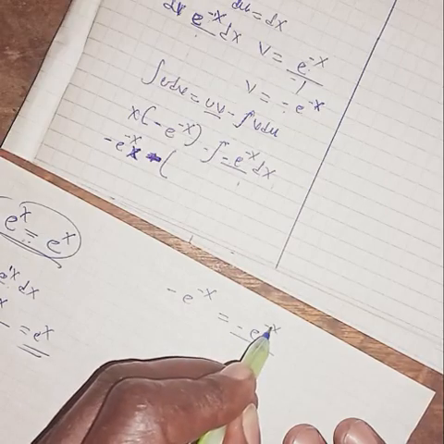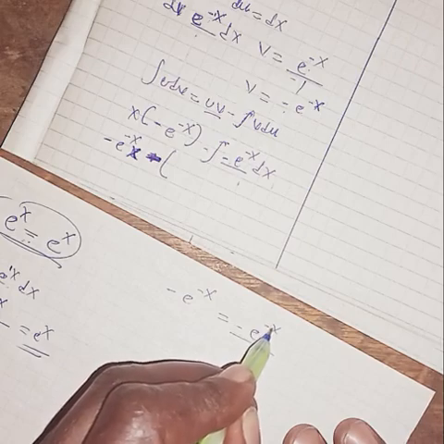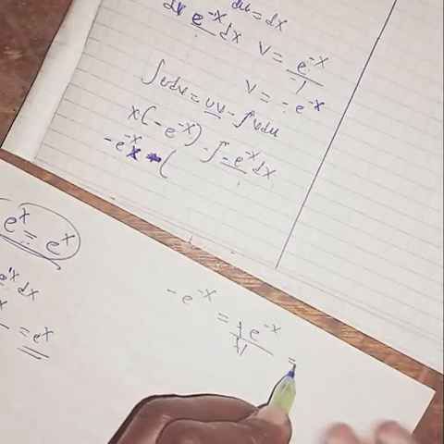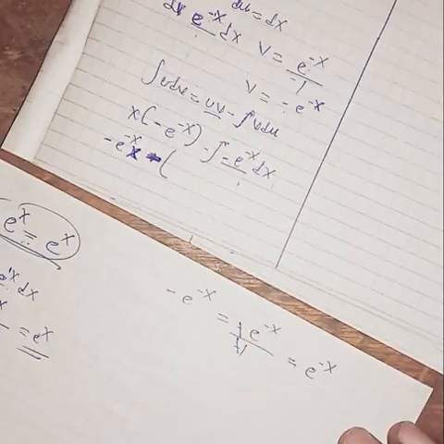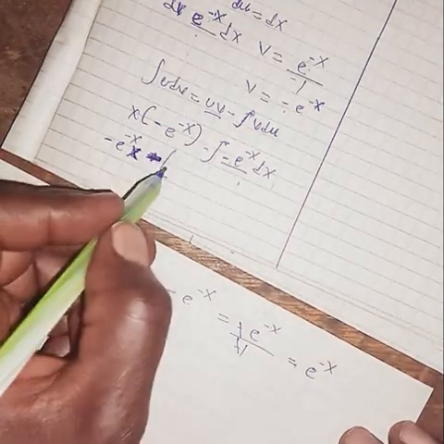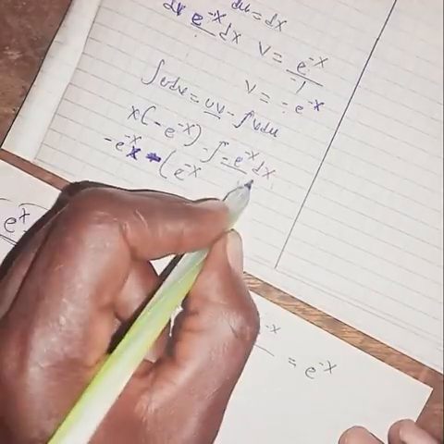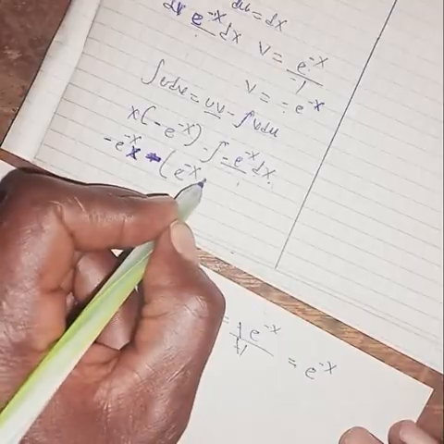You bring this constant, negative 1, here. What are you realizing? So it will be e raised to negative x. When you integrate, dx is just 1, so it is just plus c.